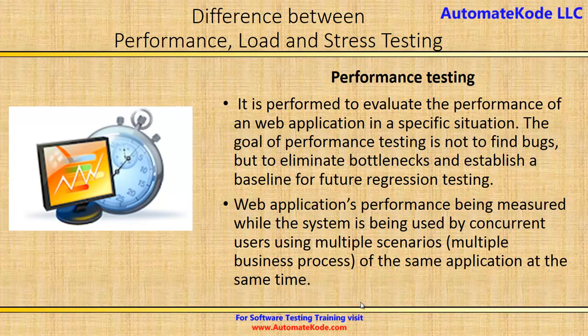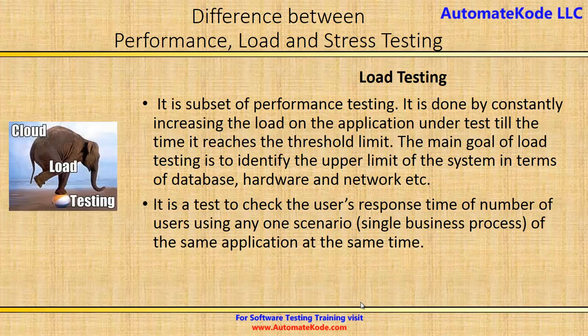Now in performance testing, multiple scenarios are involved, and we put a reasonable load, normally the maximum load, and then we measure how the system behaves. Then in load testing, we increase the load gradually, and we see how much maximum load the system can handle.